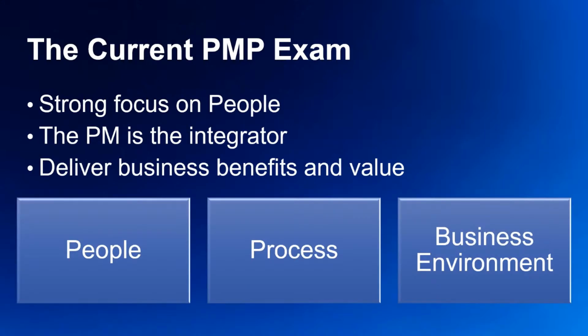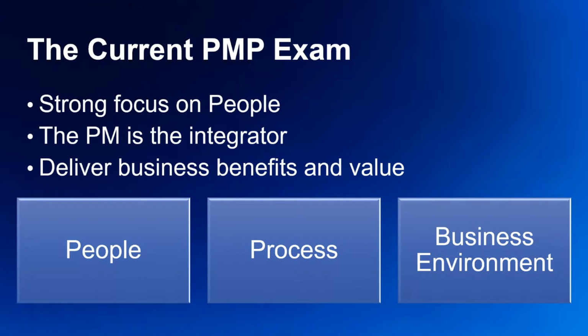This here is the current PMP exam content outline, right? Entirely different structure. 3 domains: people, process, business environment, right? The role of the project manager in this scenario now as the integrator between these 3 is significantly emphasized. The ECO puts an enormous focus on the people domain.